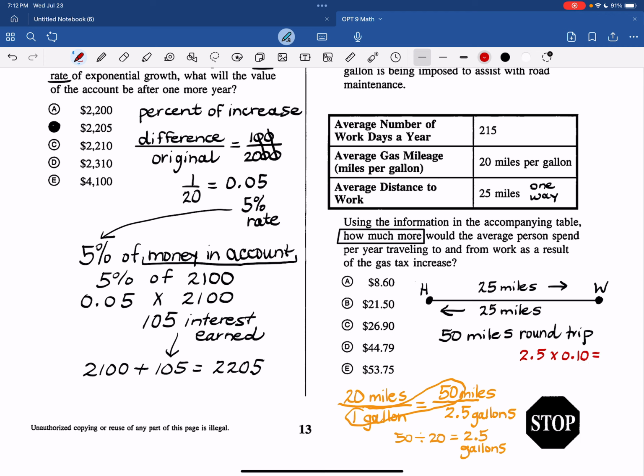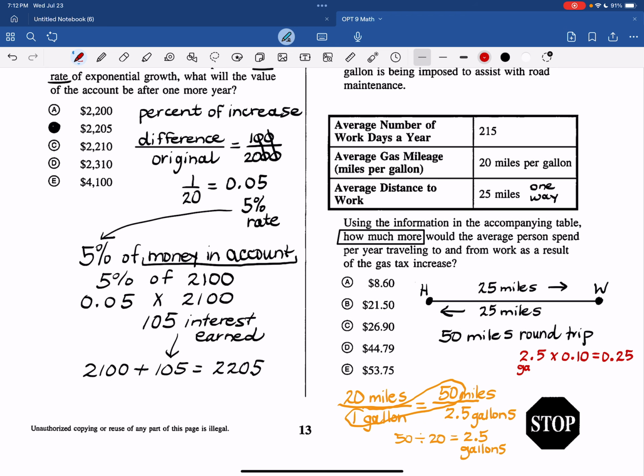And that's going to be 25 cents, I do believe, but let's be sure. 25 cents per day, because remember, he's using 2.5 gallons per day at 10 cents per gallon. That's going to be a quarter, 25 cents per day, additional money that it's going to cost. And you think, well, that's not too bad. But we have one more step.